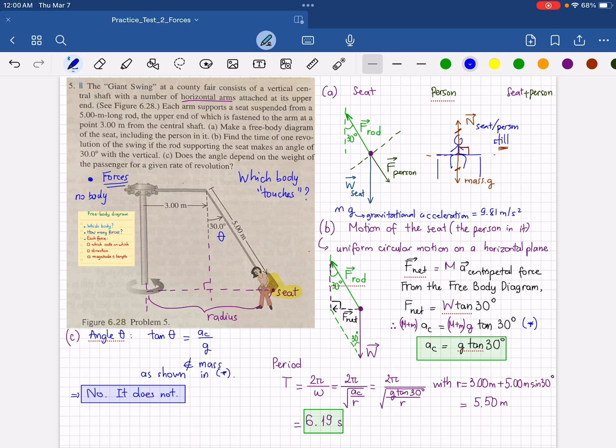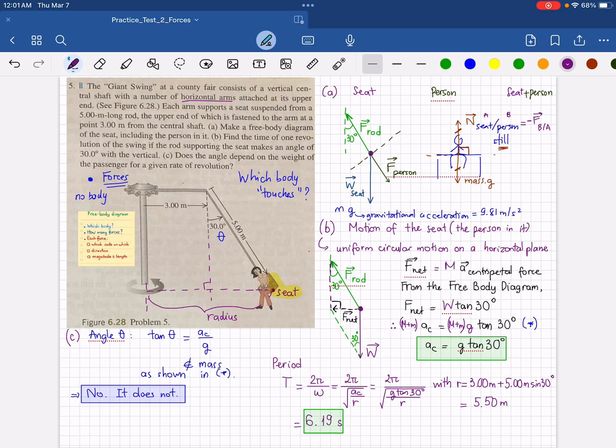In this case, but here we are talking about the seat itself. So by Newton's third law, what does it say? It says that if there's a force from A on B, there's also another force that B acts on A, equal in magnitude to that force but in the opposite direction.